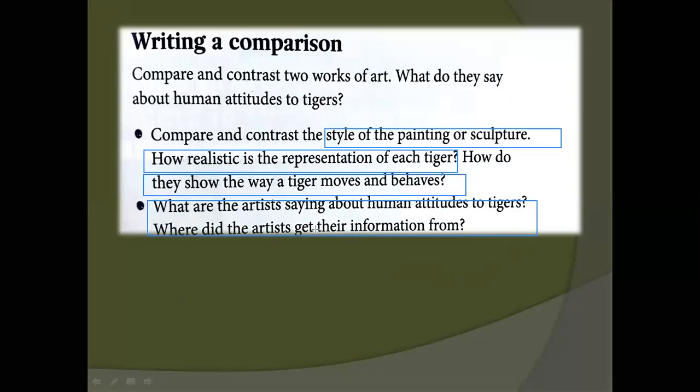So you're going to write your own comparison based on those two main questions. This part is going to be your topic. And then you're going to write another paragraph about it, and also another small paragraph about this one, and then this other part.